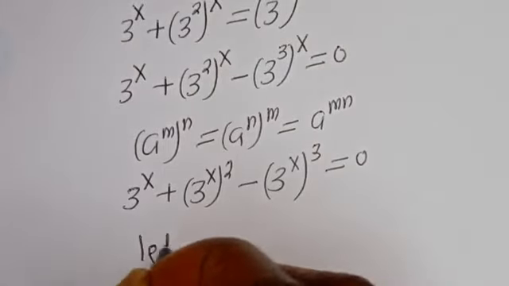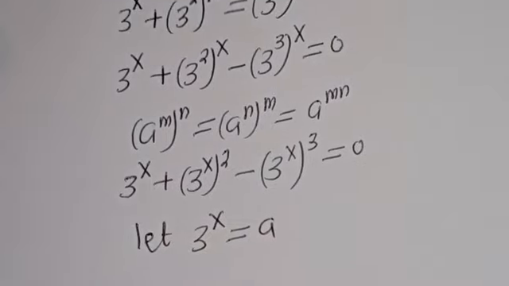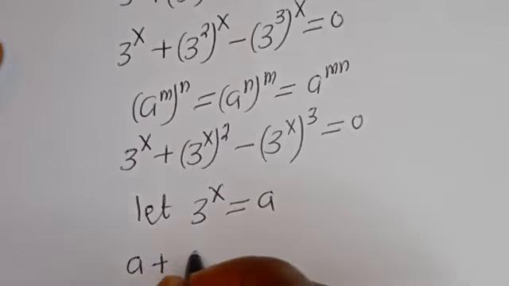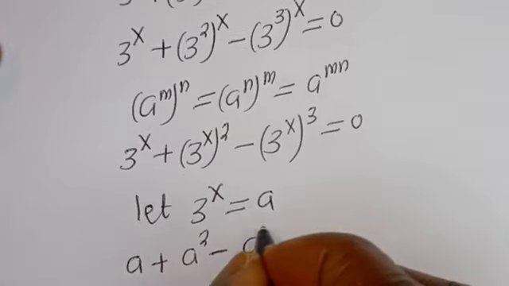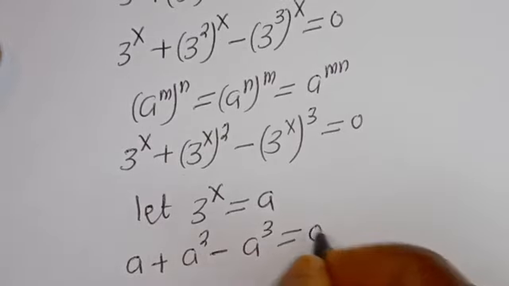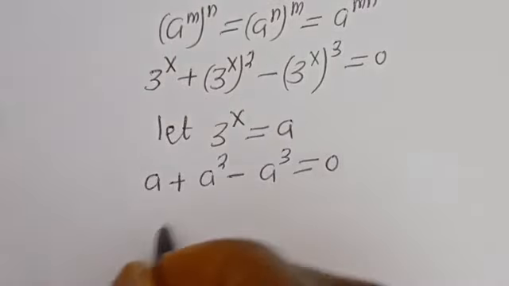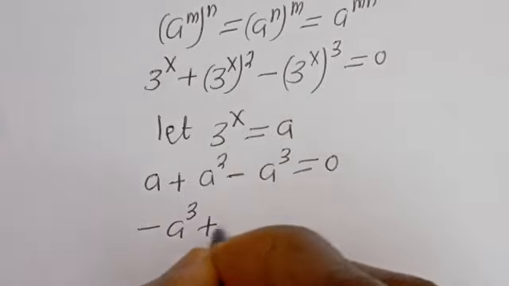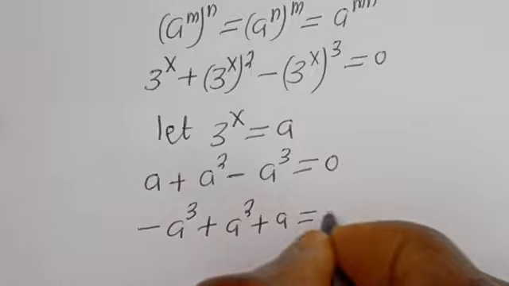Let 3 to the power of x be equal to a. Then we have a plus a squared minus a to the power of 3 is equal to 0. Let's rearrange this: minus a to the power of 3 plus a squared plus a is equal to 0.